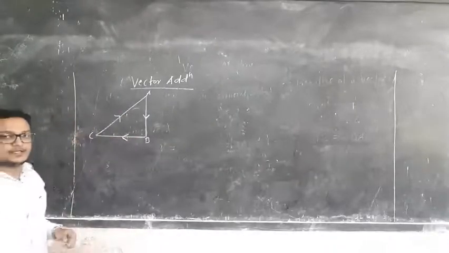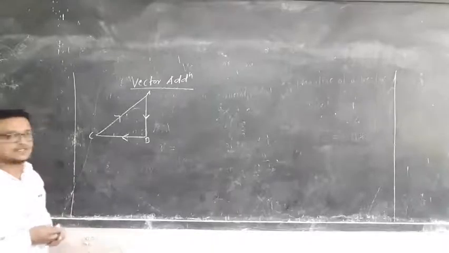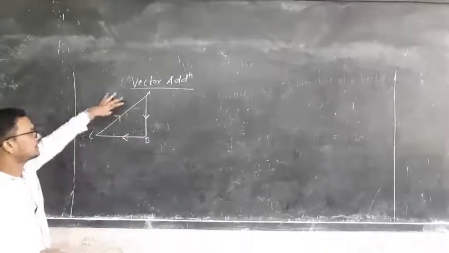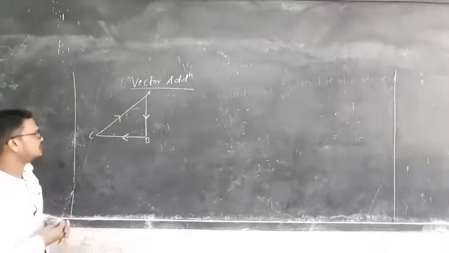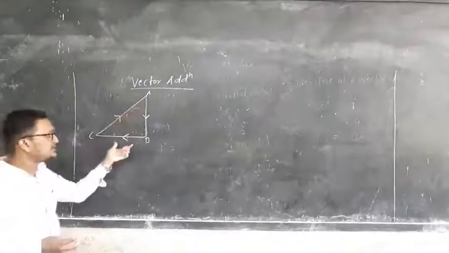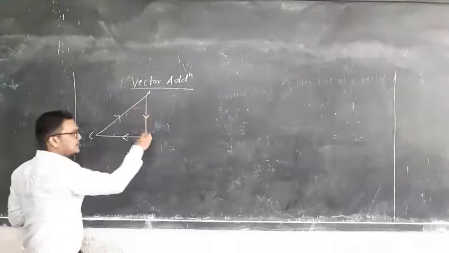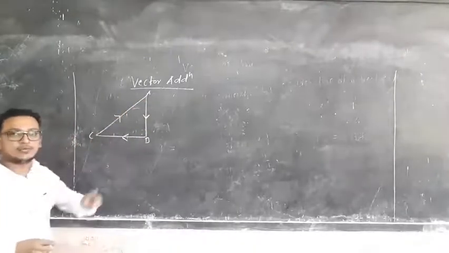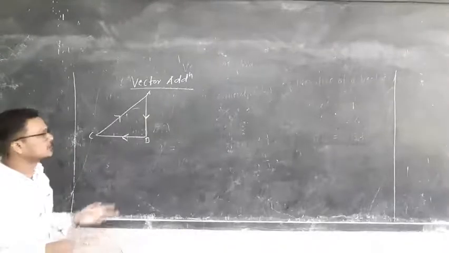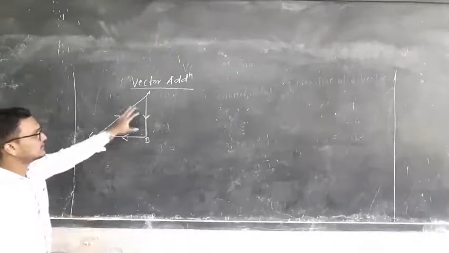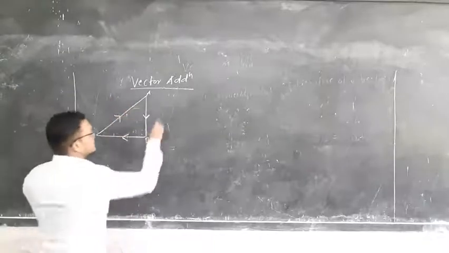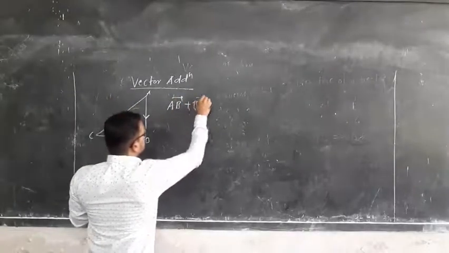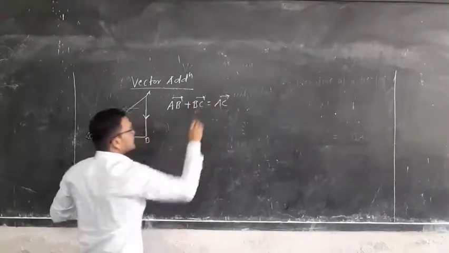If you observe here in the triangle, I have taken the 3 points A, B, C. There are 3 sides: AB, BC and AC. AB and BC are in the same direction, whereas AC is opposite to the other 2 sides. So the vector addition can be written as vector AB plus vector BC is equal to vector AC.